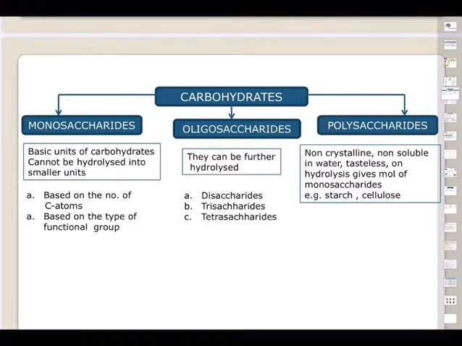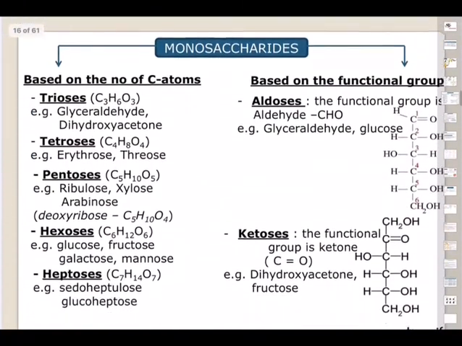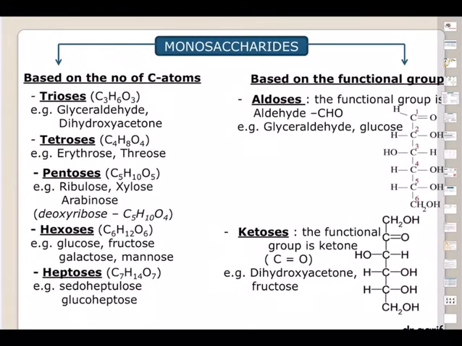And what about polysaccharides? Poly, as the name suggests, many. These are many units of monosaccharides, and that's why they are called glycans. They are long chained and branched or unbranched. Examples: starch, cellulose, etc.